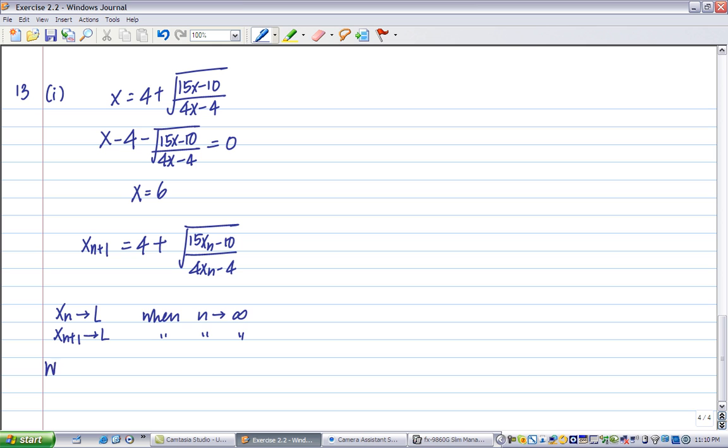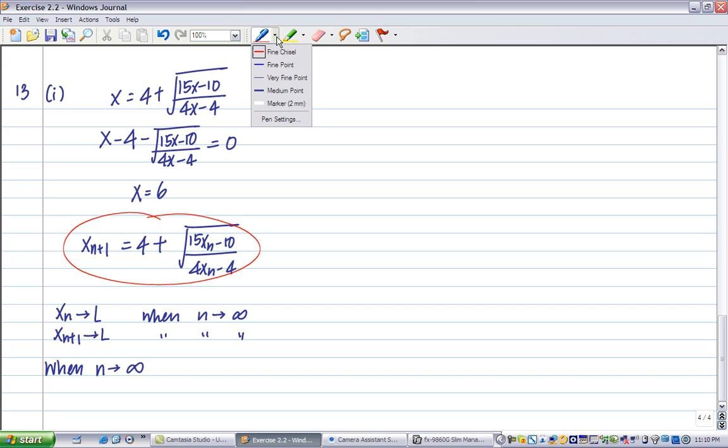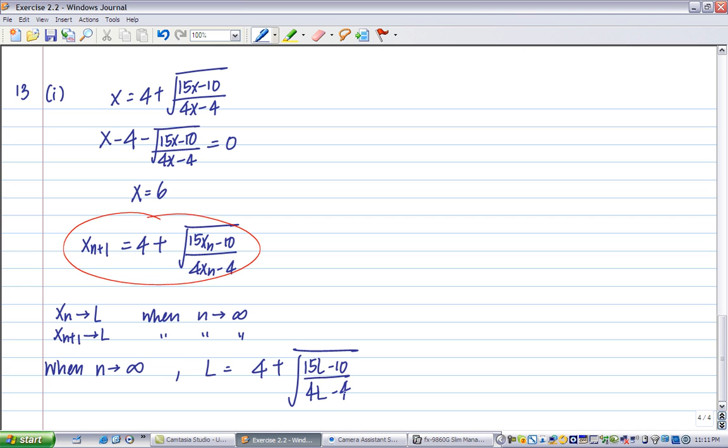So in general, what happens to this equation when n tends to infinity? Xn plus 1 goes to L, xn also goes to L. So what we have here is L is equal to 4 plus square root of 15L minus 10 over 4L minus 4.